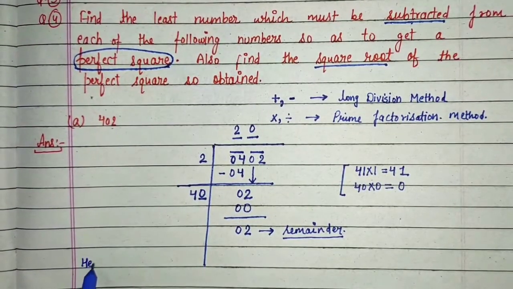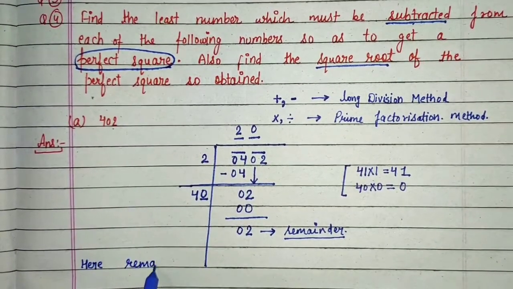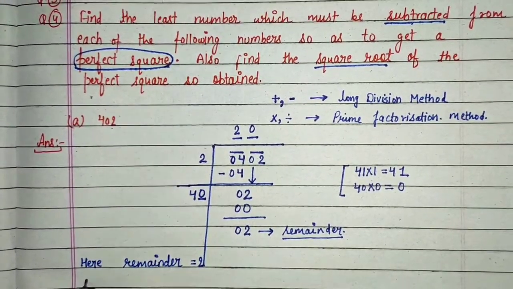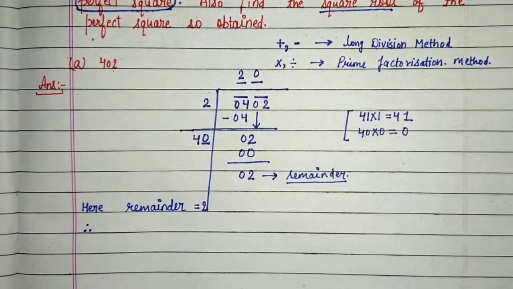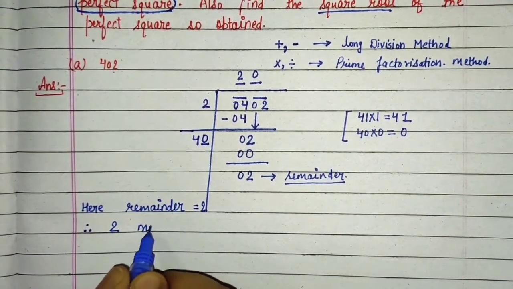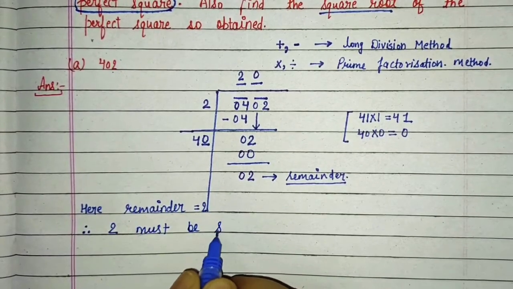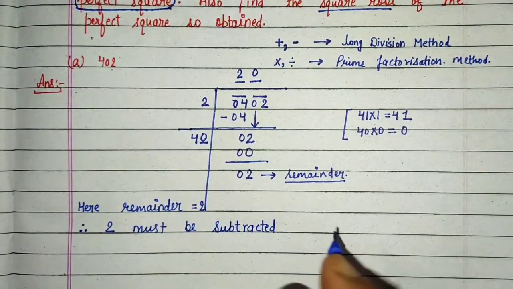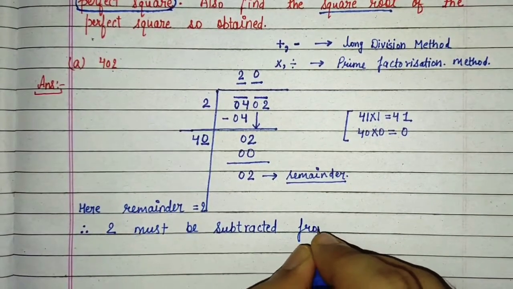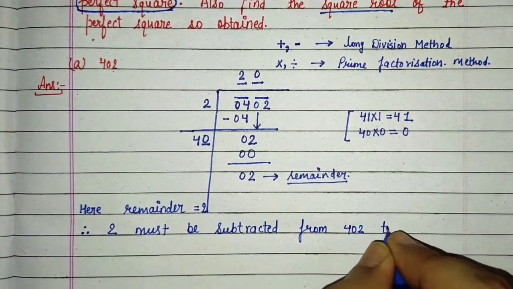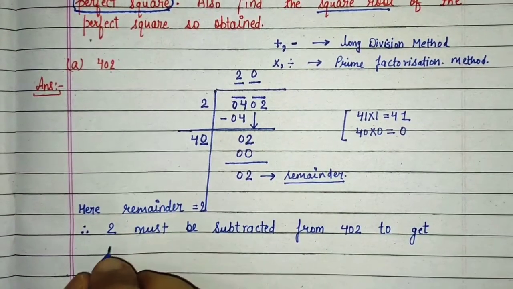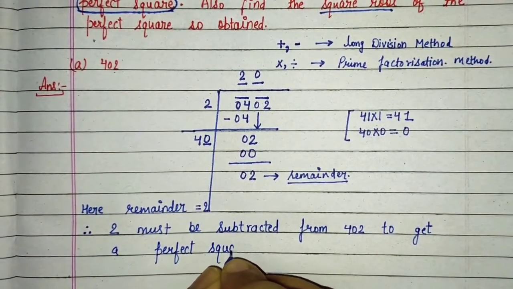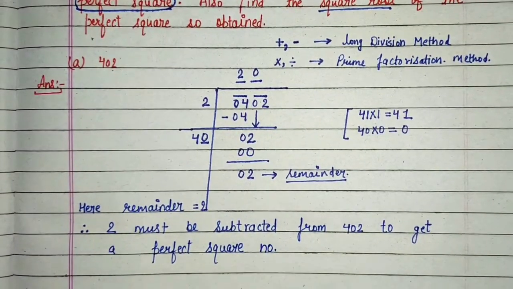Here you can write: the remainder is equal to 2, therefore 2 must be subtracted from 402 to get a perfect square number.